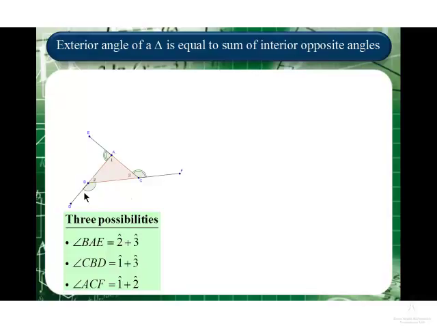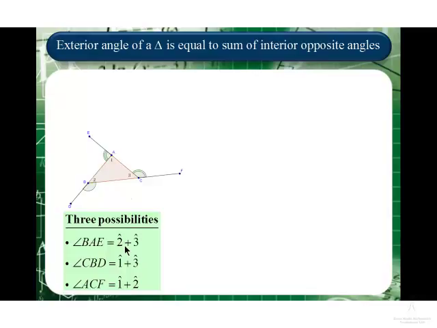indicated, then we have to prove that, for example, the exterior angle BAE, that is this particular exterior angle, is the sum of the opposite interior angles at 2 and at 3. And this is what we've written here.